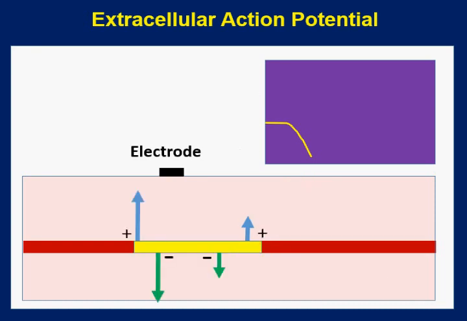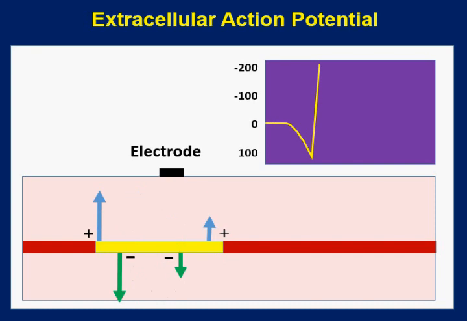When the positive current passes and the negative current source approaches the electrode, the signal changes its direction. We see the sharply rising positive to negative phase, or the rising phase of the potential. As the leading dipole moves away, the voltage recorded by the electrode decreases.